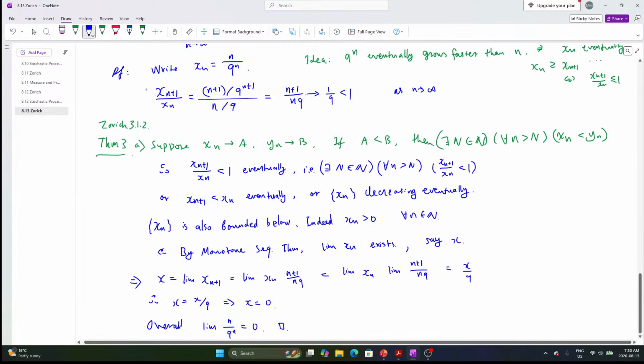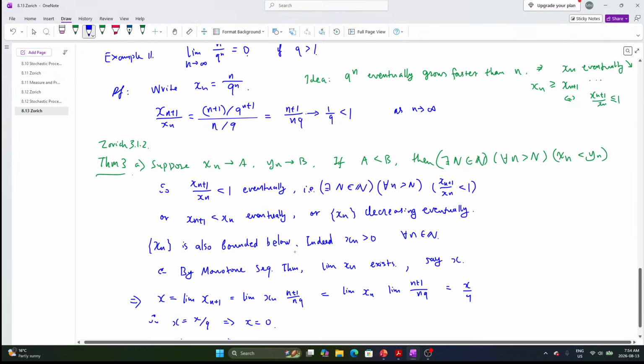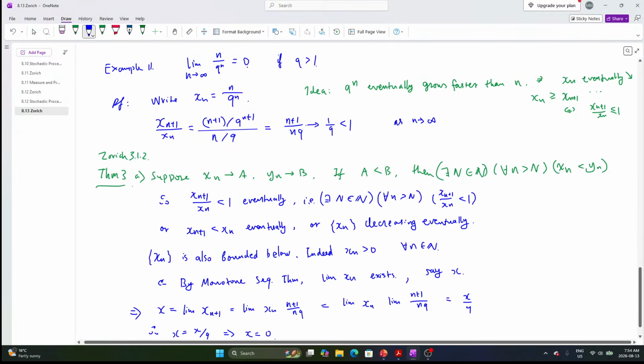Okay, so that's a nice example. Next up, let's do another example. I think in regular calculus, you typically prove this using L'Hopital's rule. You treat n as a continuous variable, say x, and then you differentiate top and bottom, which is a bit of overkill, right?